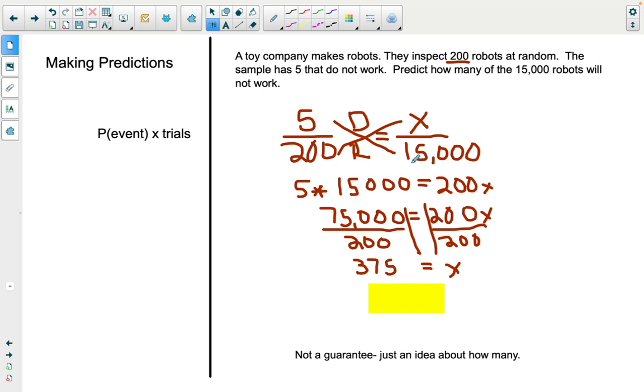I expect 375 defective robots out of 15,000 if I have 5 out of every 200. Remember, this is not a guarantee, it's just an estimate. It's a prediction of what we think will happen based on experience.